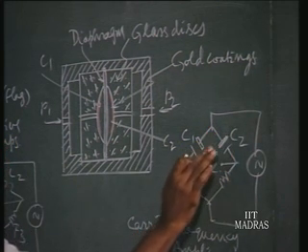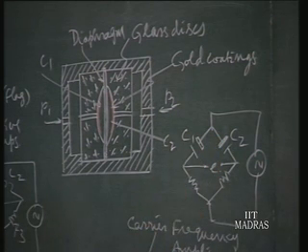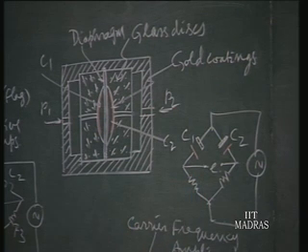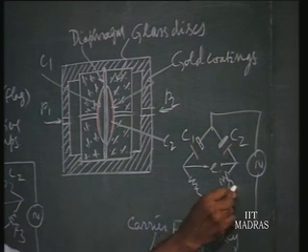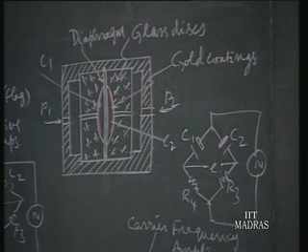So you can have both of them as one element, and this gold coating is the fixed plate. This is your gold coating. And these are the resistances R3 and R4. So it forms the full bridge, and a similar excitation is given.